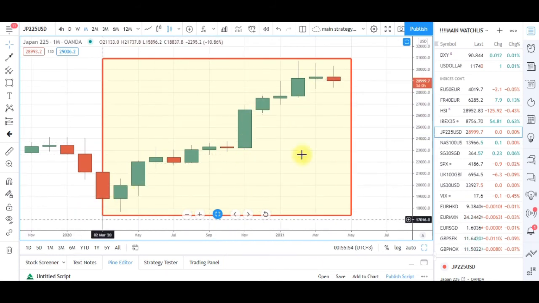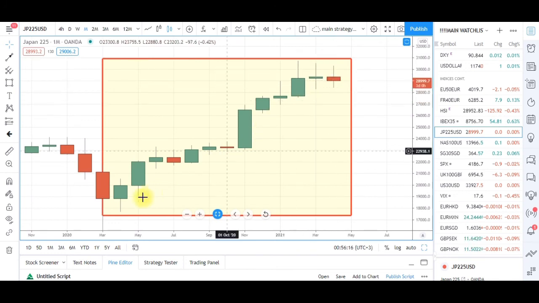Now remember, we're looking in retrospect, back into time. It's different when we're looking forward, because looking here you might say, where is it going to be heading? Is it going to go down? Is it going to go up? If you want to know that, you have to do some extra studying, and that's where our strategy comes in.